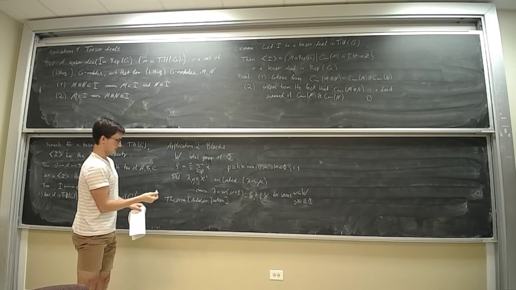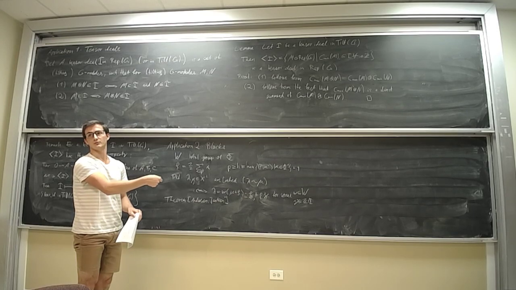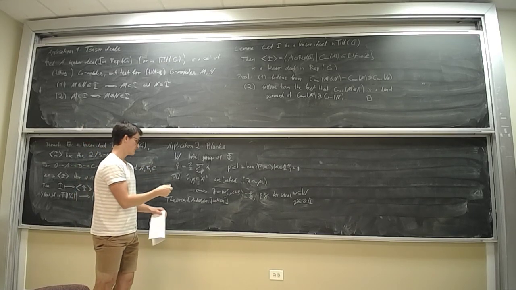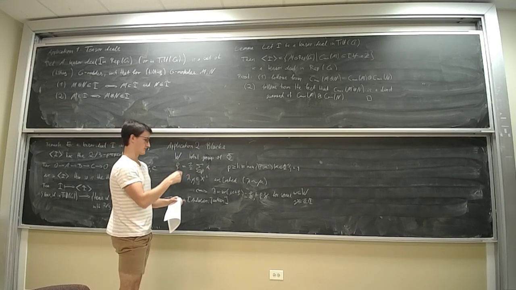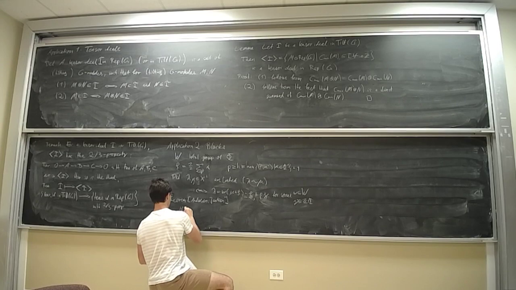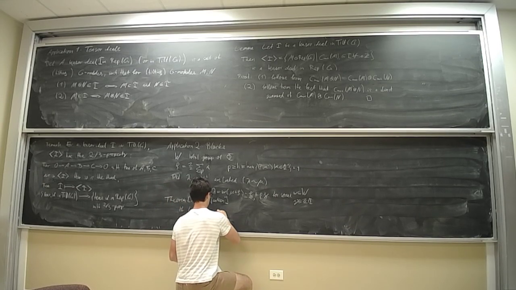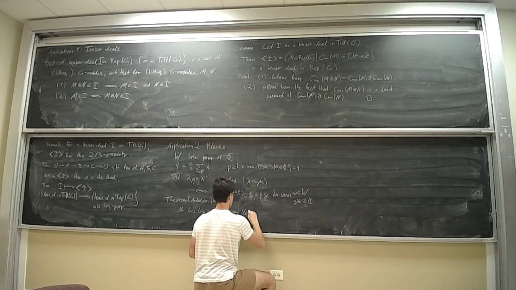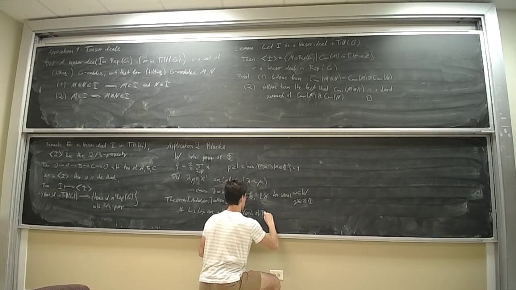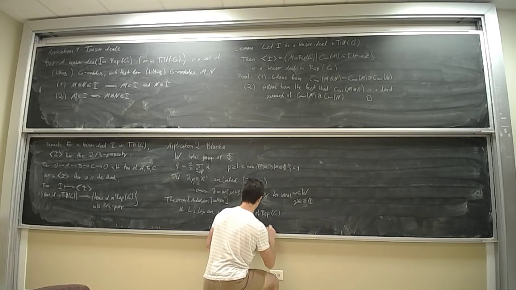It says that if two simple modules L lambda and L mu are in the same block of the category of representations of G, then the weights are linked.